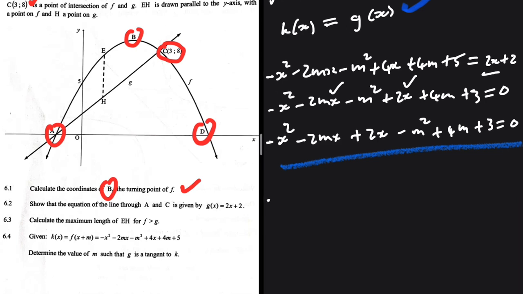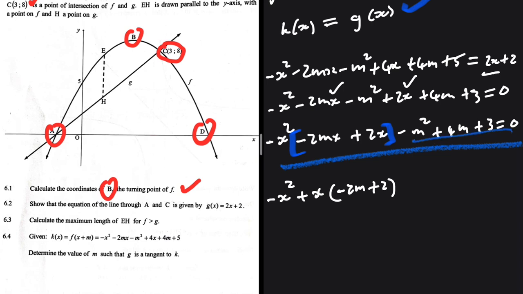Let's do that. Minus x squared, and then I want to take x as a common factor from these two terms. So let me say plus x, and then I'm going to have minus 2m plus 2, right? And then this right here is just a constant, right?